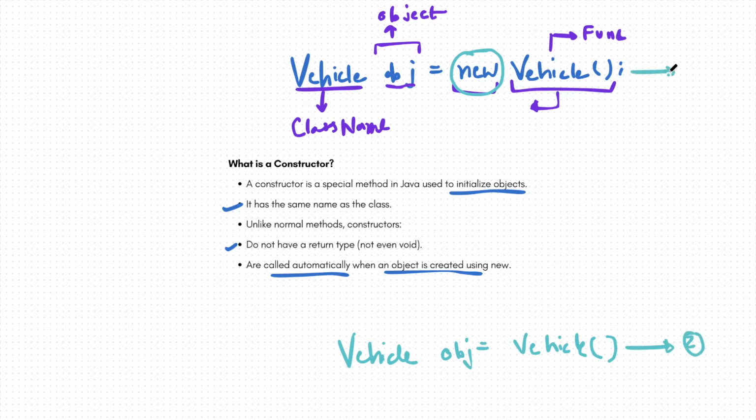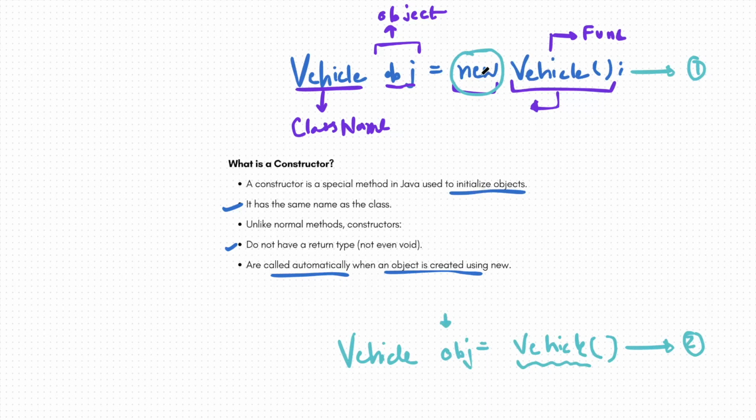The difference is it doesn't have that new keyword, and it means that if new keyword is not present, it is simply just a function which is getting called, and the value of this function is getting stored in obj object, which we have now understood.